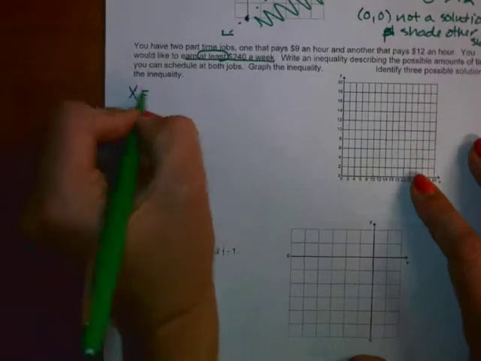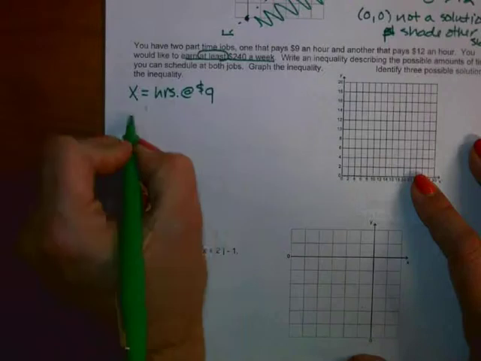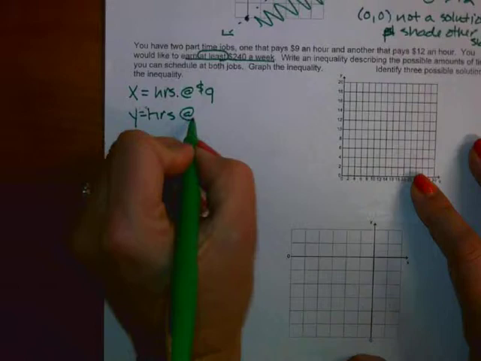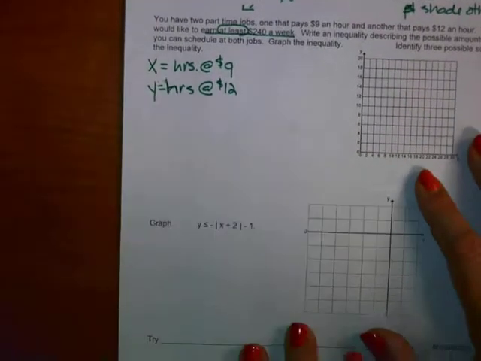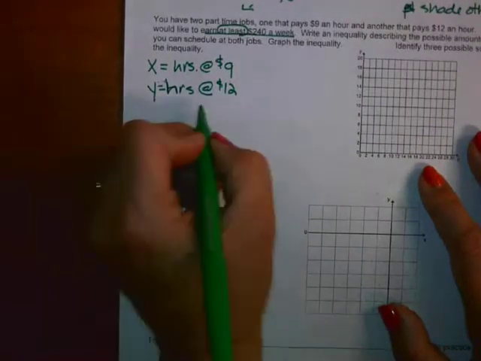I'm going to say x is the hours at $9, and y are the hours at $12. I'm identifying my variables right there. It's kind of obvious when you write the equation, but it's a good habit to write this.